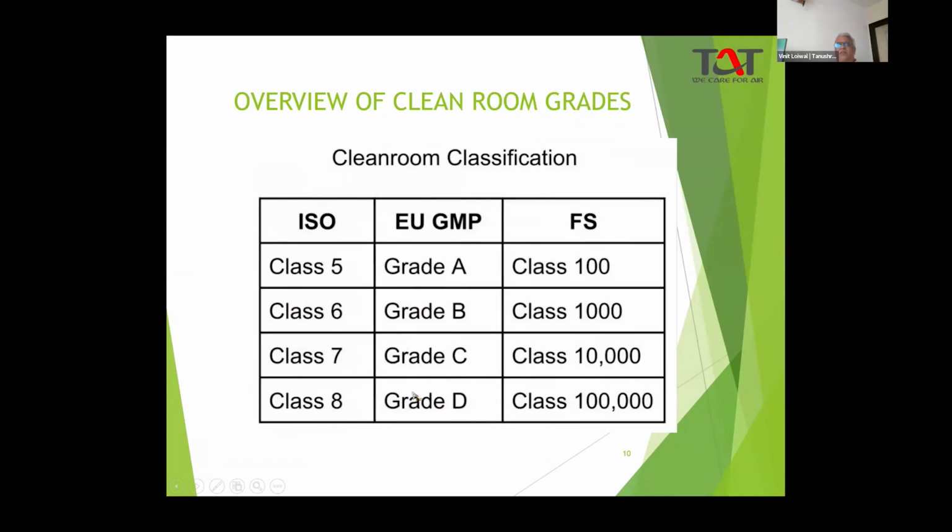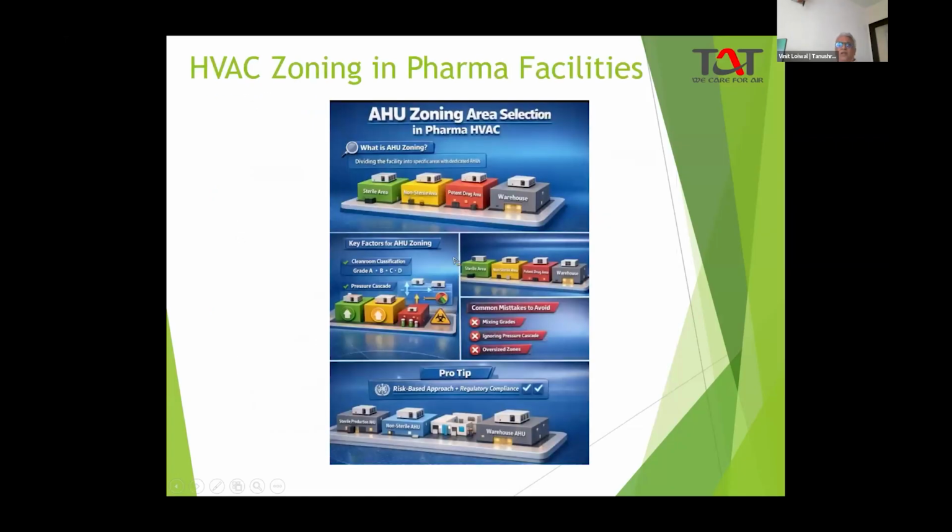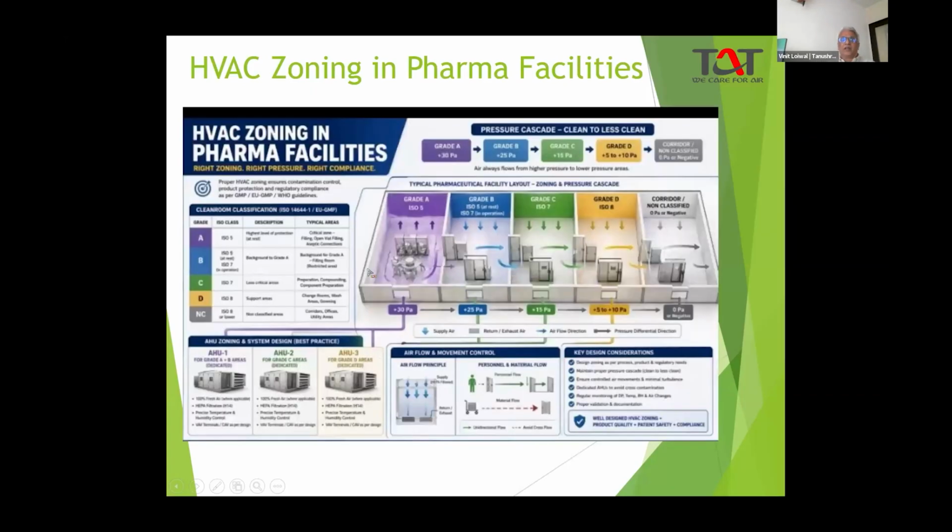Now, in the HVAC zoning, the rooms and the layout have to be identified, like sterile areas, non-sterile areas, and potent drugs. Grade A, B, C, D all have to be designed accordingly, and a single AHU has to be given for each unit.